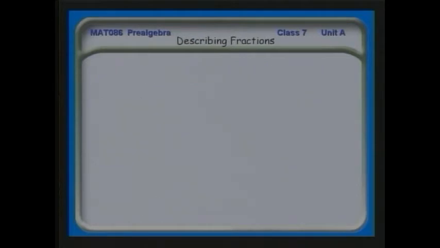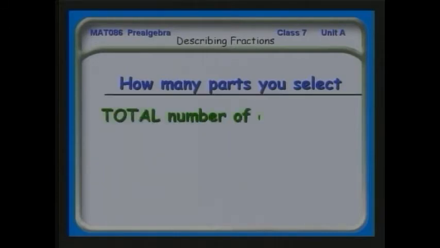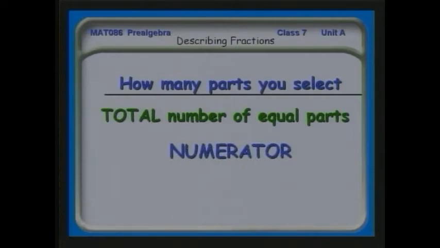Let's talk about some terminology. The way you normally talk about a fraction is to say how many parts you have compared to how many parts are in the whole thing. And there's a word for that. The number of parts that you have, the number on the top of the fraction, is called the numerator.